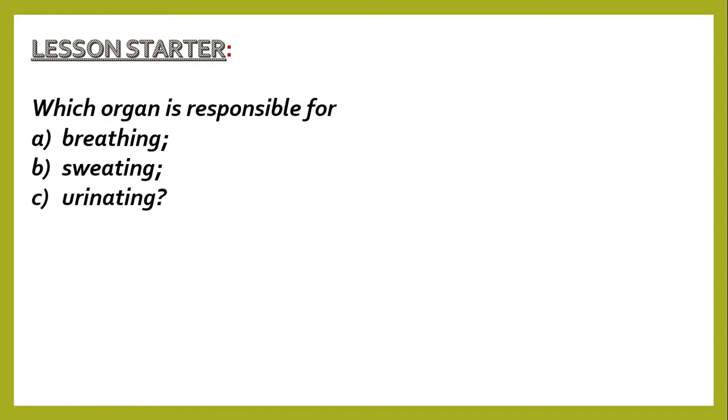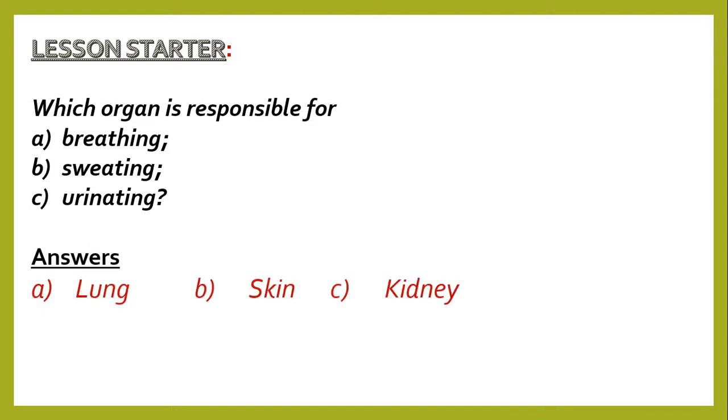So what then are the answers? All right, so we're saying lung is responsible for breathing, skin for sweating, and kidney for urinating. Thumbs up if you have been able to get all the answers correct. It's a feather in your cap.